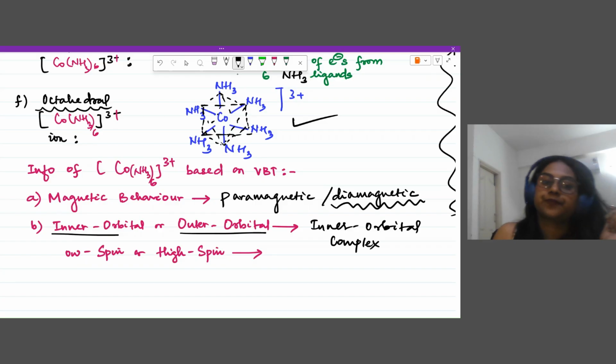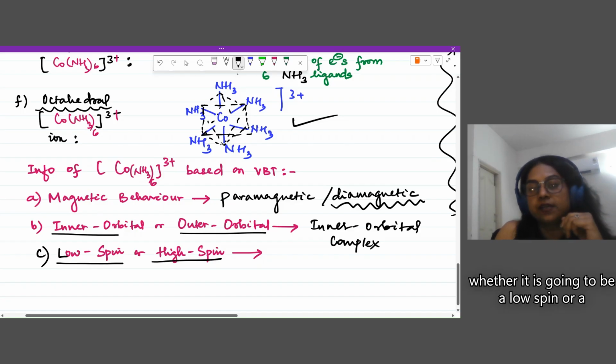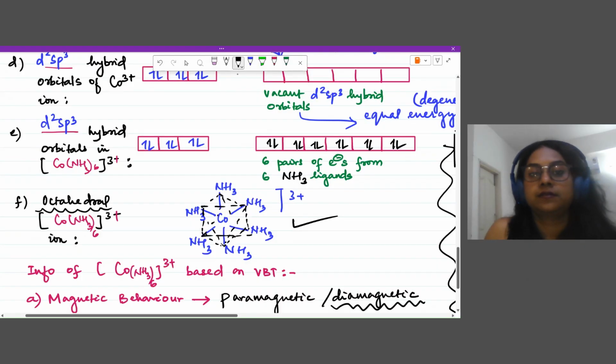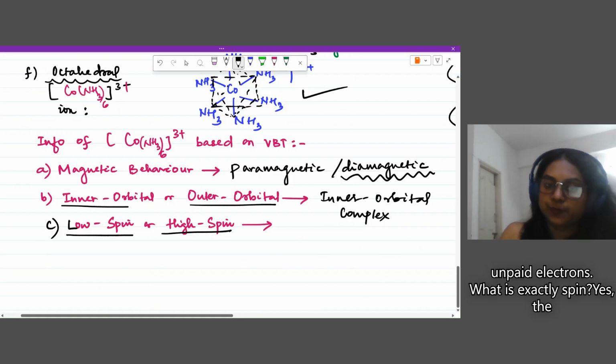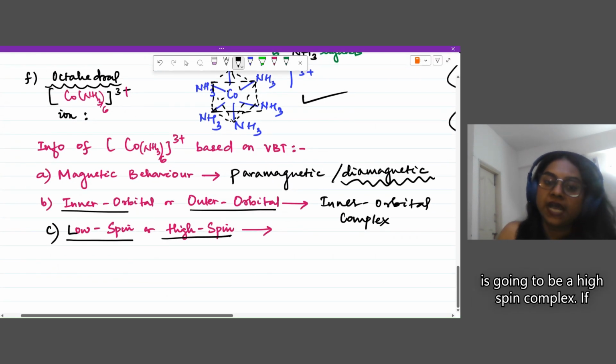Now, the last point that we discuss is whether it's going to be a low spin or a high spin complex. How do we calculate spin? Unpaired electrons. Yes, the more the unpaired electrons, the more it is going to be a high spin complex.